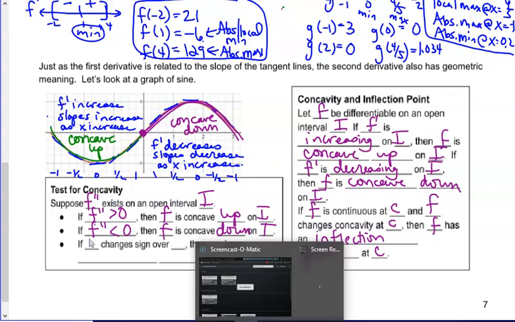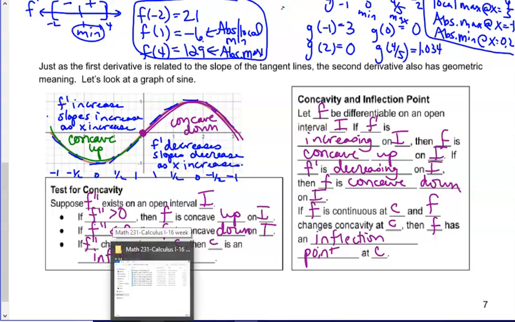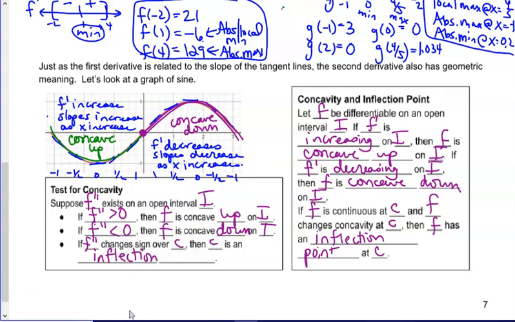Now, again, if f double prime changes sign over C, then C is what we refer to as an inflection point of our function. Okay? And so those things are very, very important.